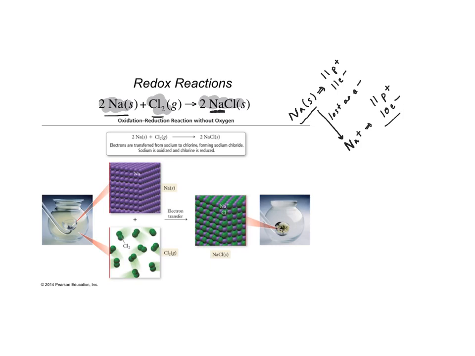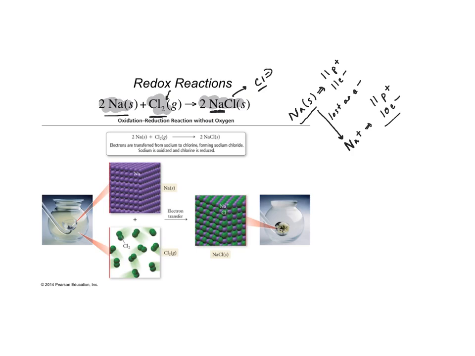So we can go over here and look at the other reactant, chlorine. So chlorine in this little diatomic chlorine is a neutral molecule, neutral gas. When we go over to the products, it forms this chloride -1 ion, this anion.